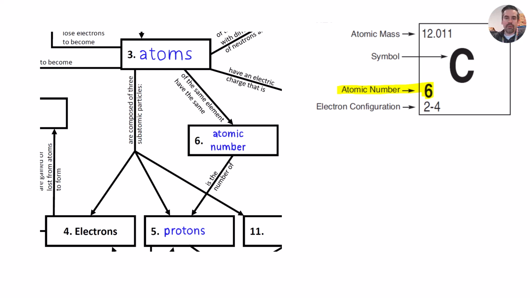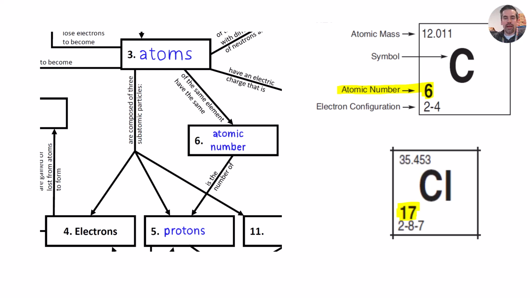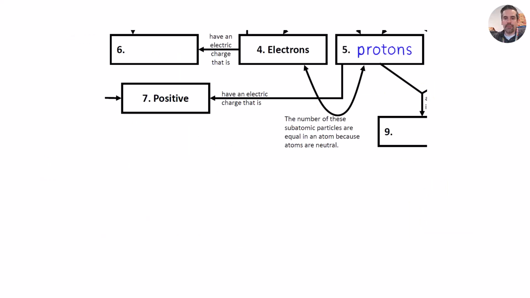For example, chlorine has 17 protons because its atomic number is 17. So make sure in your head you know that the atomic number is the number of protons. Not only is it the number of protons, but in a neutral atom, the number of particles are equal. We're going to see that in a second. Sorry, I'm jumping ahead of myself.